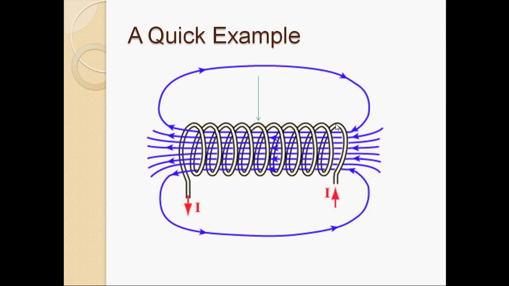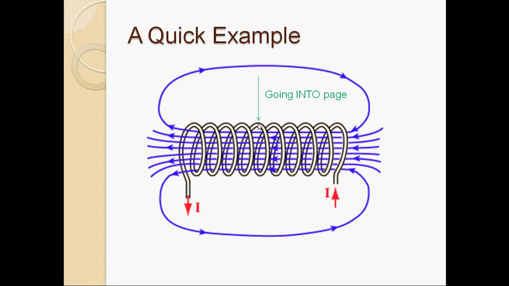Feel free, obviously, to do this with your hand. Imagine it going upward, and then as it curls around to go towards the back, it is going perfectly into the page at that moment. Since we know that at this exact point the current is going into the page, we can use our right-hand rule.